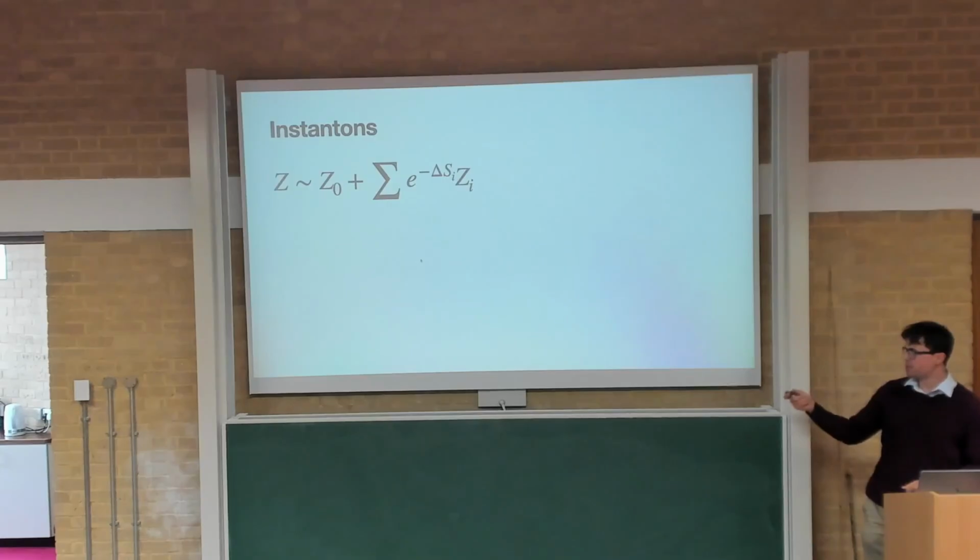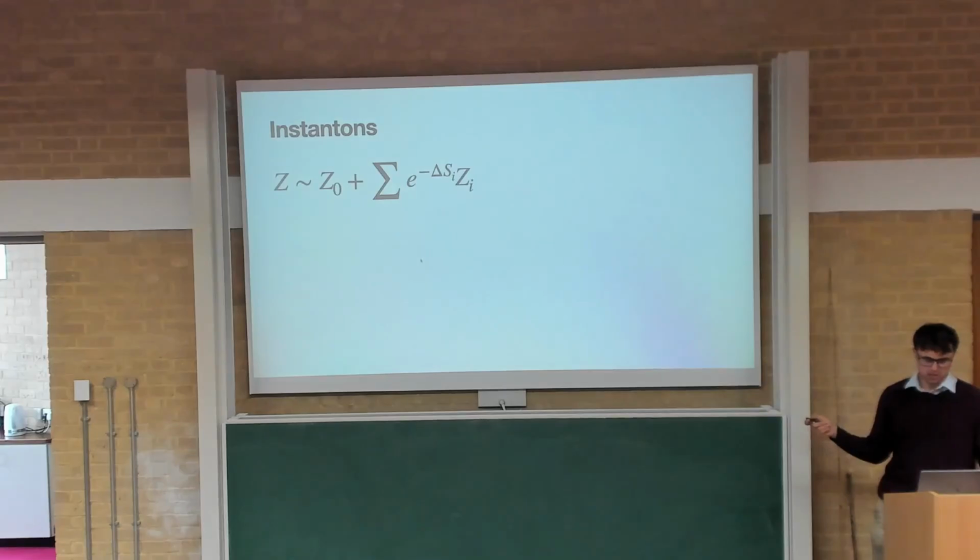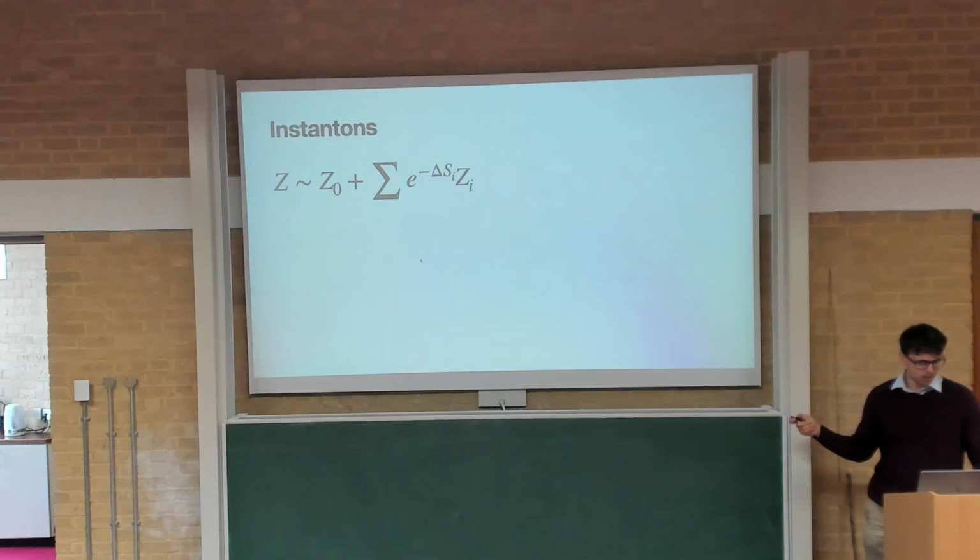A partition function in general will be described by a trans-series like this. This is a part which could be reached by perturbation, but there are very generically non-perturbative contributions as well.